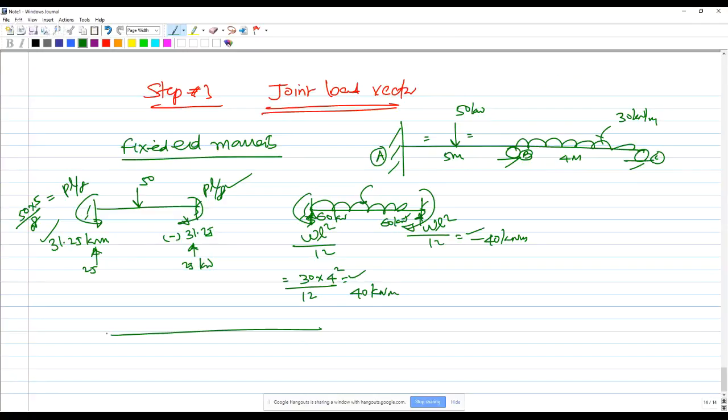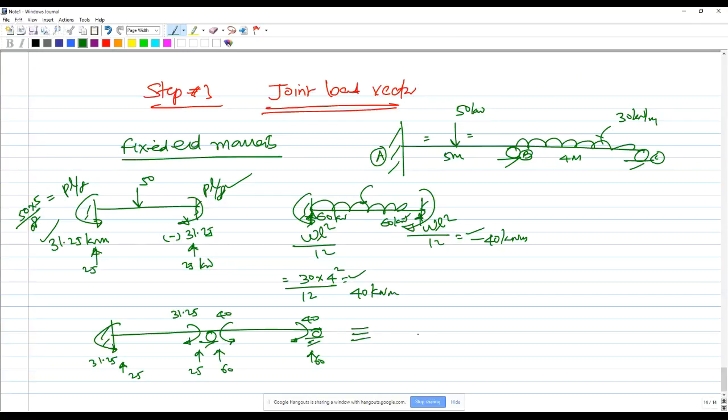So now I want to summarize this very quickly for the joint load. So now this is going to be 31.25. And here there's a clockwise of 31.25. There's an anti-clockwise of 40. And here there's a clockwise of 40. And this reaction is 25. This reaction is 25. This is again 60. And this is 60.